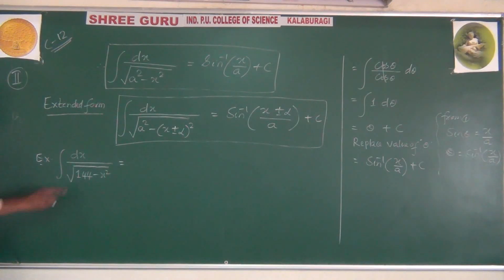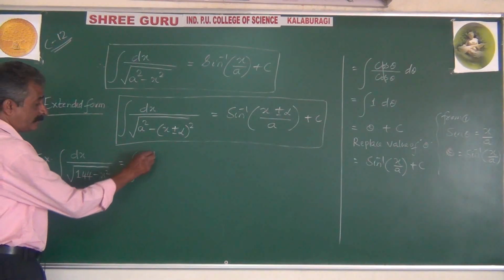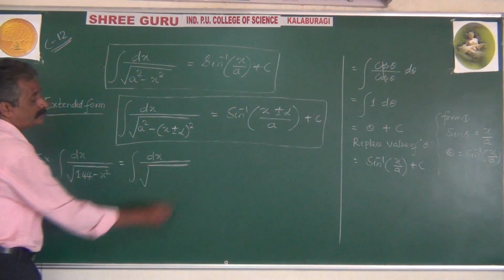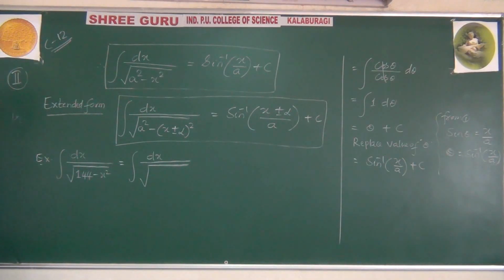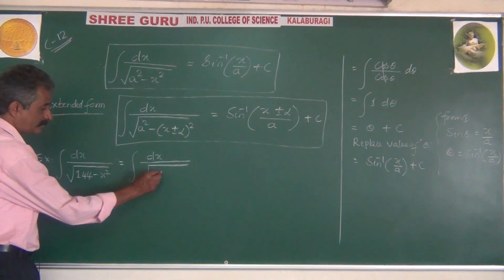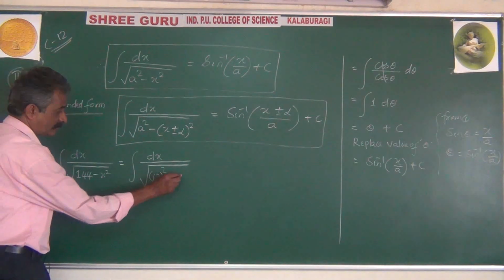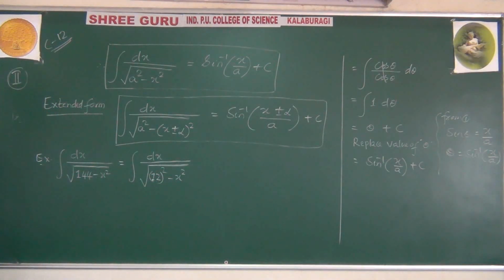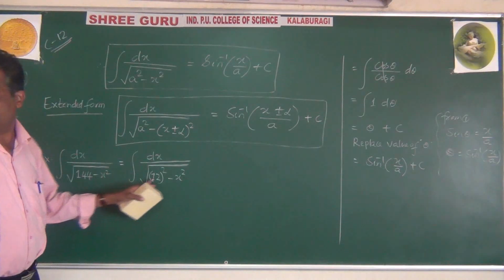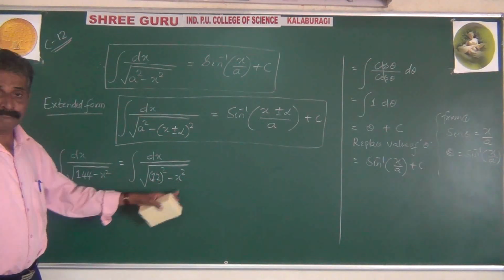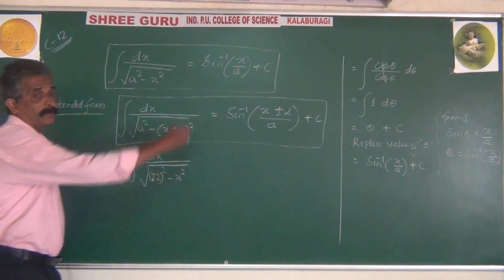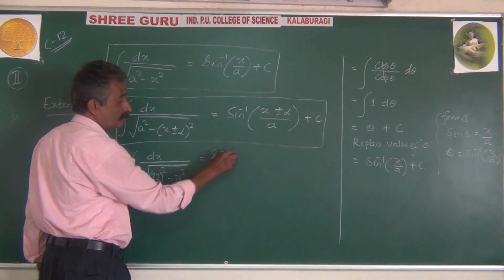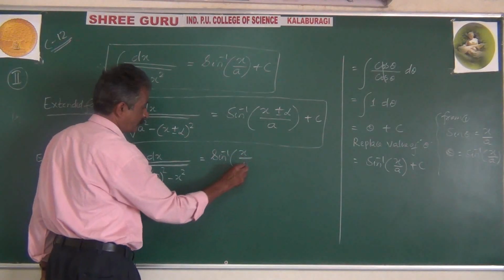Very first we shall write 144 as a square of a suitable number, and 144 is suitable for 12 square. 12 square minus x square. Now it is in the form integration dx by root of a square minus x square. So this formula is suitable. Now a means 12. Answer is sin inverse of x divided by 12 plus c.